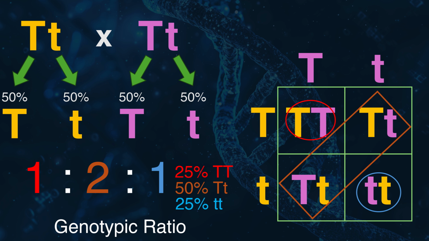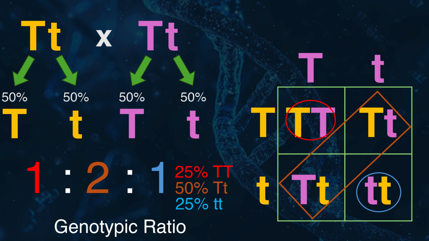It is also possible to express the predictions based on phenotypes or physical expressions of the alleles. In Mendelian genetics in general, recall that any capital letter allele indicates that the allele is dominant, so it will fully express itself whenever it is present in a genotype.